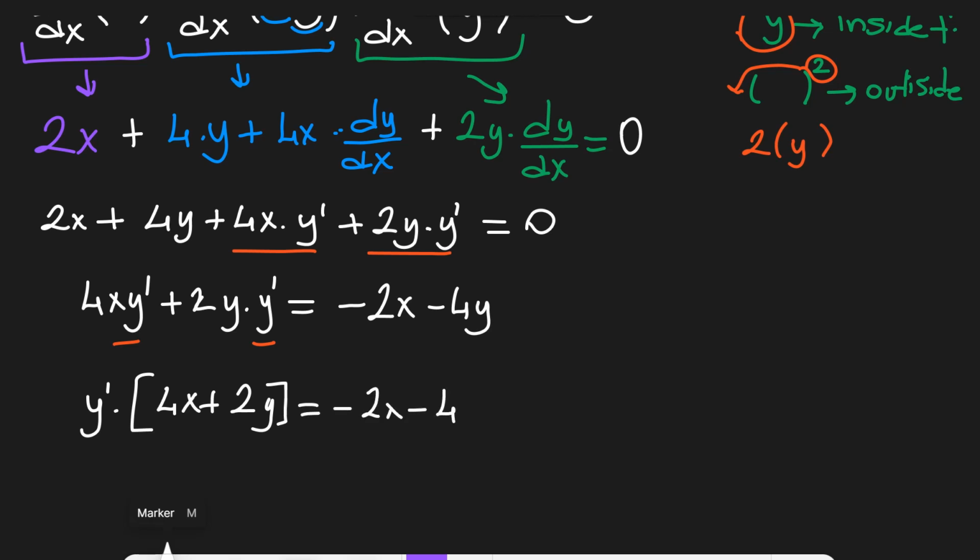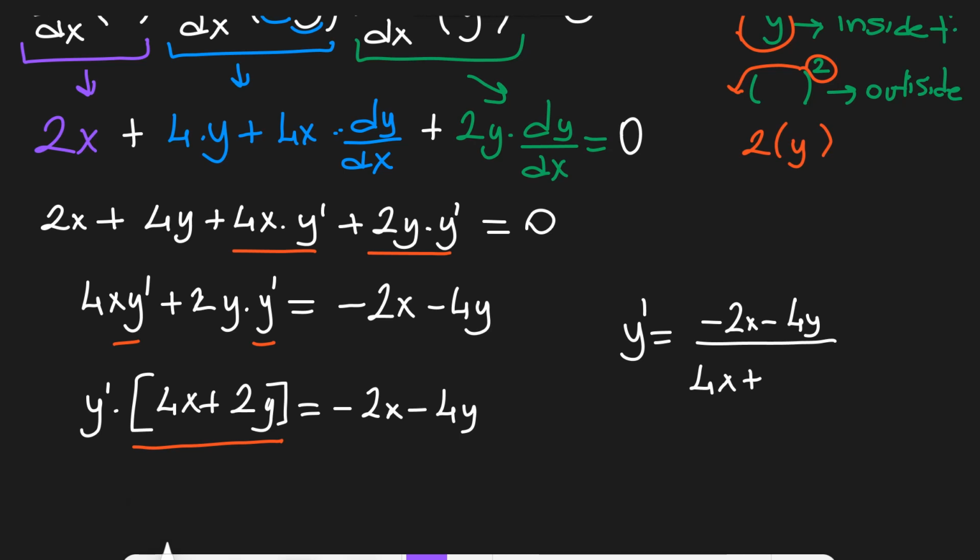To isolate y prime, we need to divide both sides by 4x plus 2y. So we end with the derivative of y equal to negative 2x minus 4y all over 4x plus 2y, which is our solution.